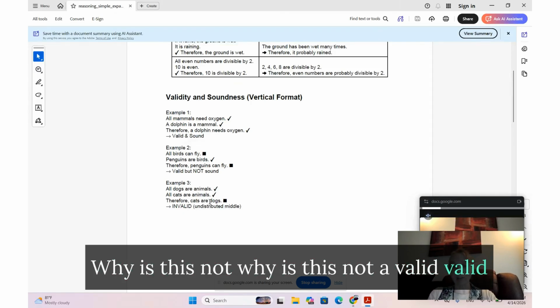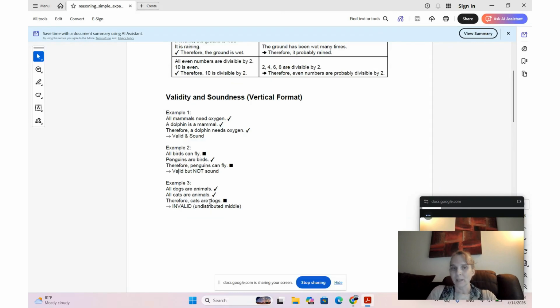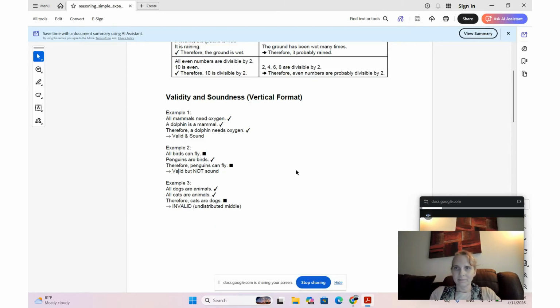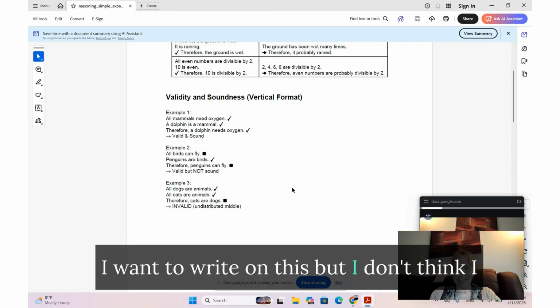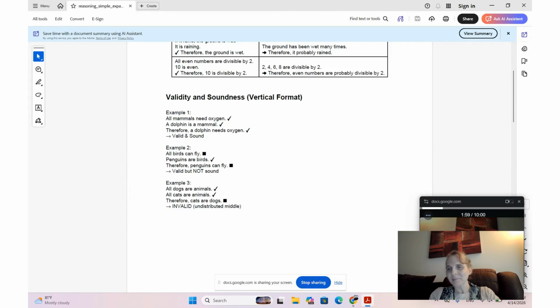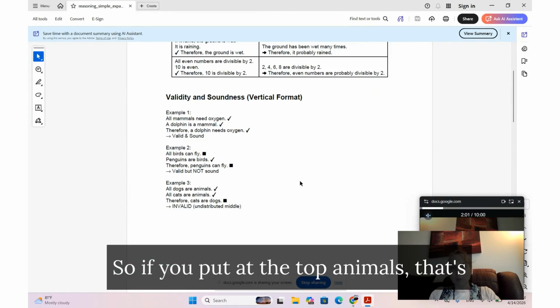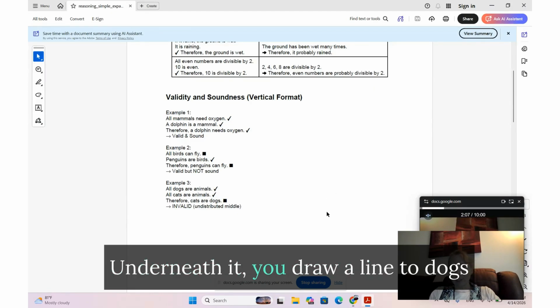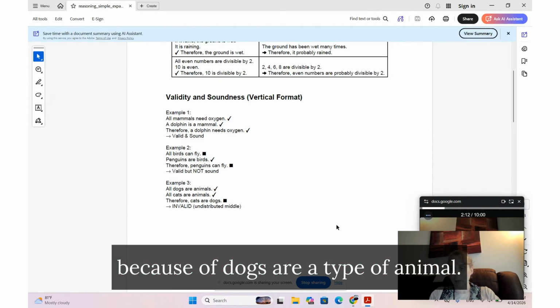Why is this not a valid logical argument? So, in order to explain this, I want to write on this, but I don't think I can. So, if you put at the top animals, that's your category. Underneath it, you draw a line to dogs because dogs are a type of animal.